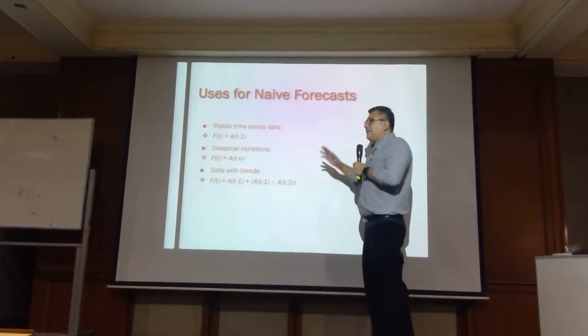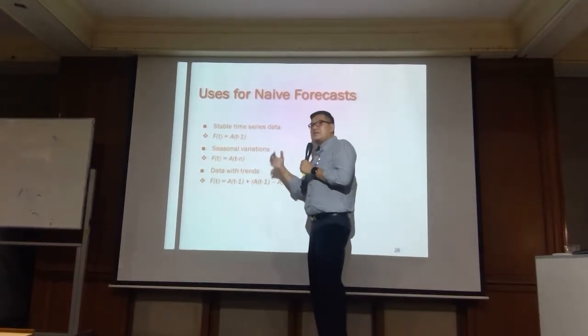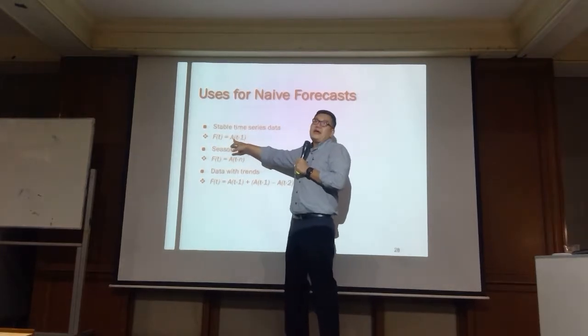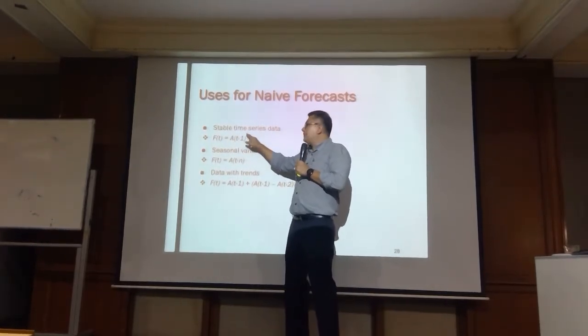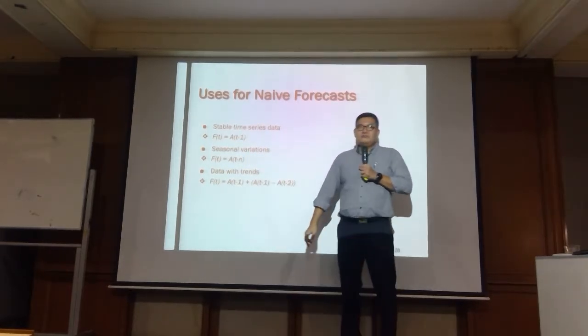So if you have no variation such as trend or seasonal, why not use the actual value from the previous one? It's okay. But if you have seasonal variation, what happens?